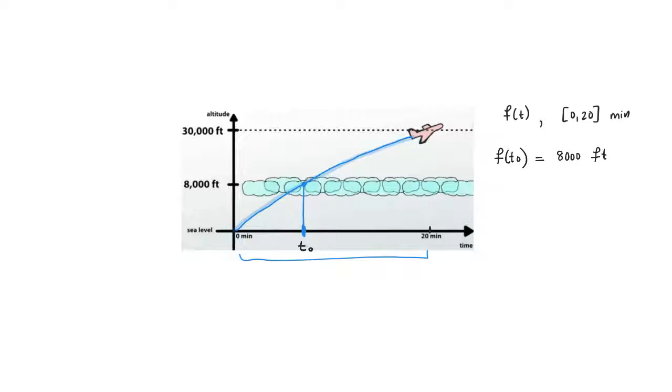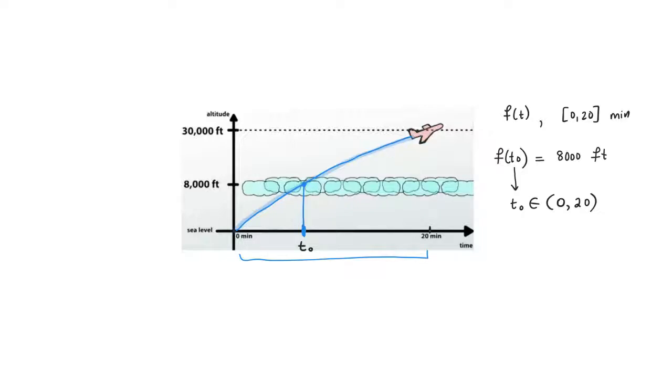But what is really wonderful about this particular time, t sub 0, is that it has to be between 0 and 20 minutes. And look at the brackets here. I wrote soft brackets, and that's because t sub 0 will not be 0 minutes and t sub 0 will not be 20 minutes. 8,000 feet is going to happen after the plane takes off and before the plane reaches the maximum height.